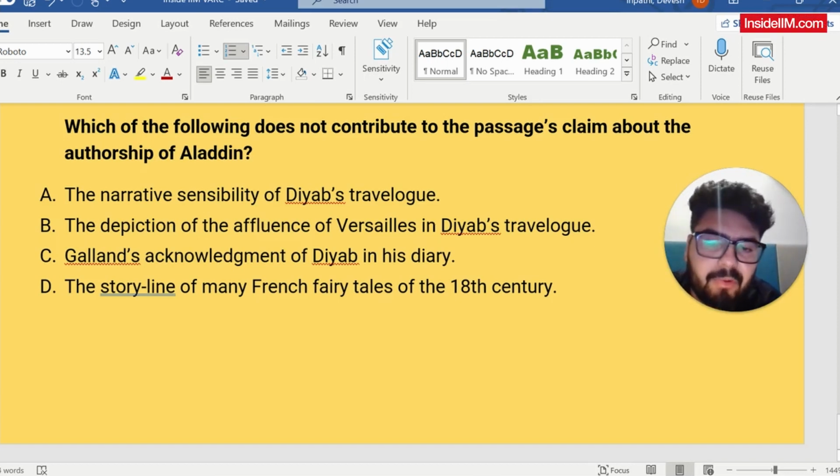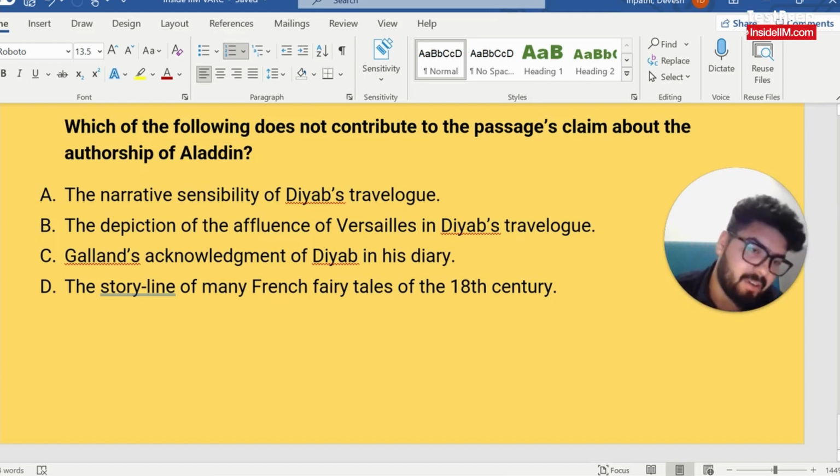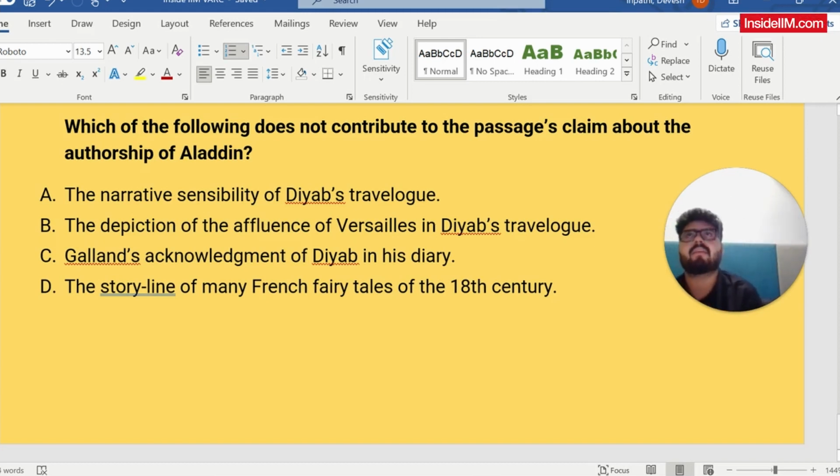The depiction of the affluence of Versailles in the travelogue. Again, perfectly fine. It's clearly mentioned he was bewildered when he saw the affluence of Versailles, and it's a hint also that in the passage, Aladdin reaches the palace in the last part of the story and gets bewildered by it.